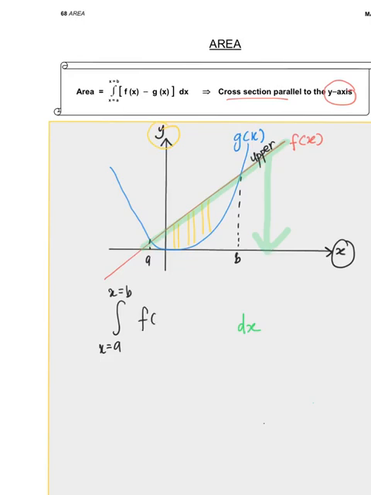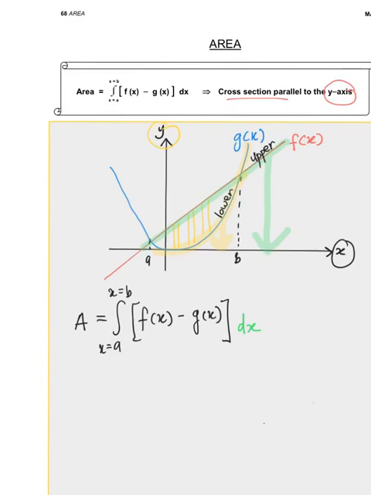The second function becomes your lower function, this one, which also goes down to the axis. So we are going to minus the g(x) function. This is the formula for finding the area when the cross-section is parallel to the y-axis.